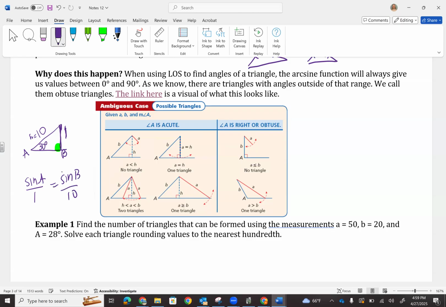So I would cross multiply and solve, and I would get 10 sine of A equals the sine of B. And to get angle B by itself, you're going to do the inverse sine of both sides. And that would mean that the measure of angle B would be that answer in your calculator.